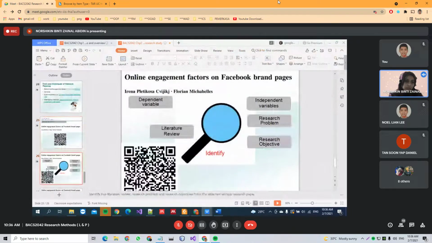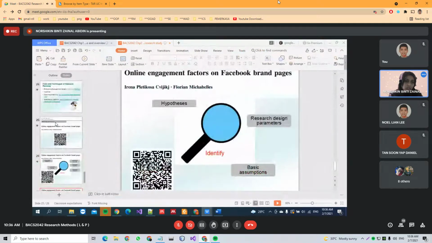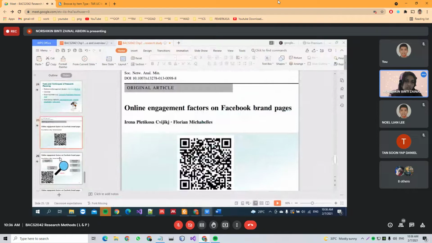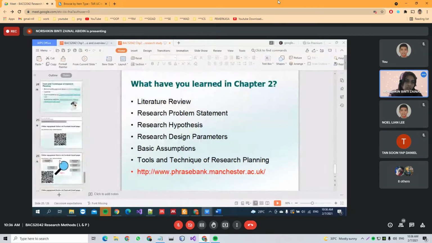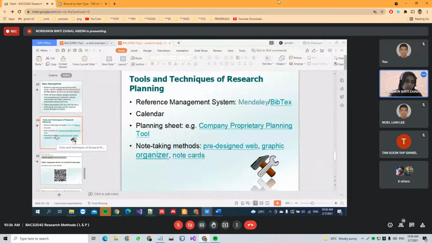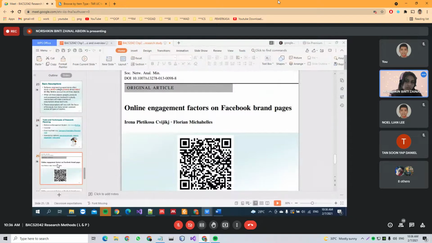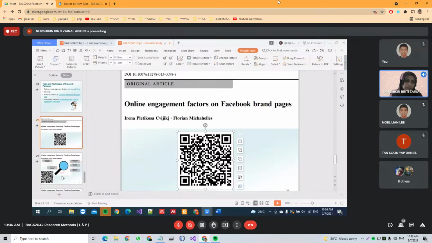So online engagement. If you scan this barcode, it's a paper actually. If you scan this barcode, you can find a paper.